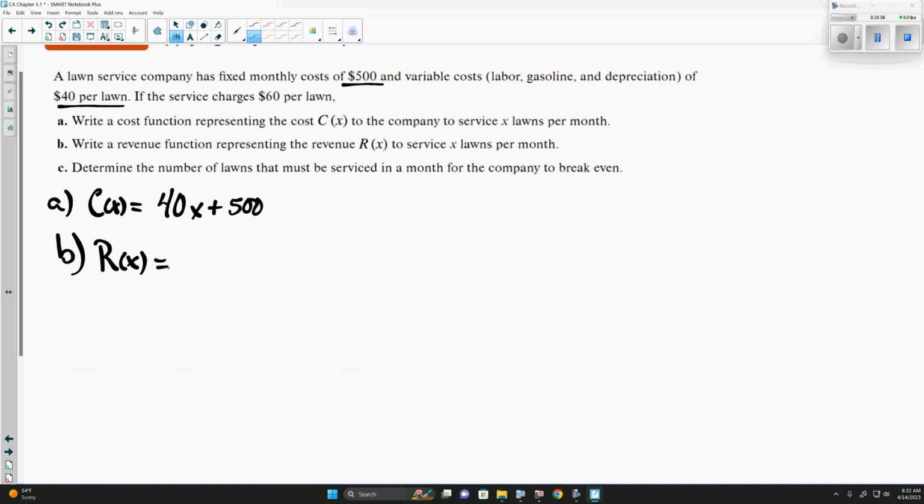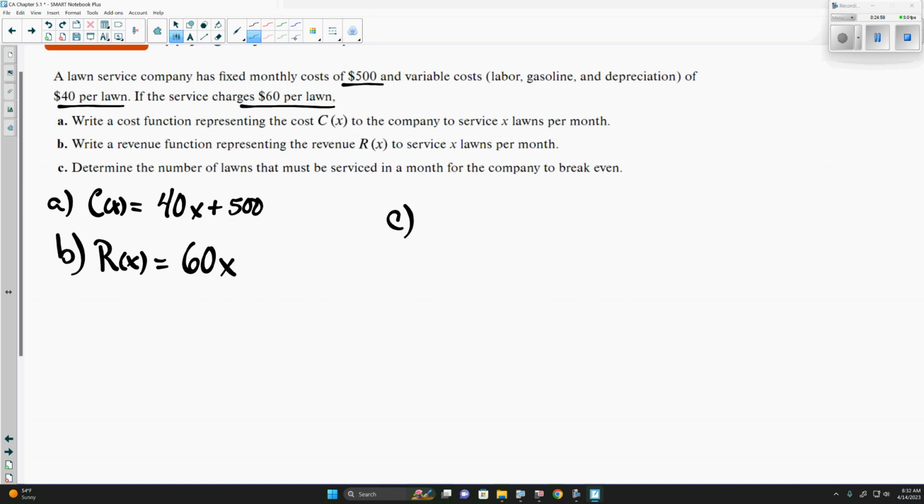Revenue. Well, they charge $60 per lawn, so 60x. Determine the number of lawns that must be serviced in a month for the company to break even.